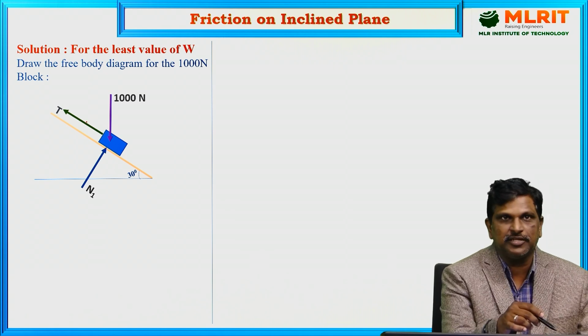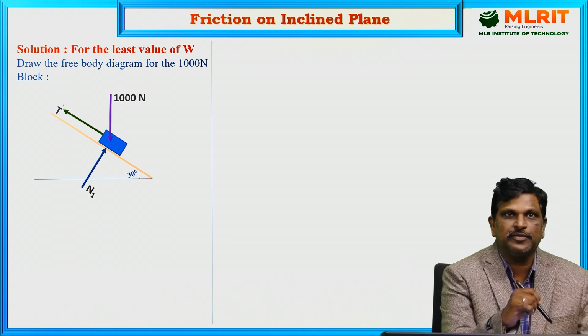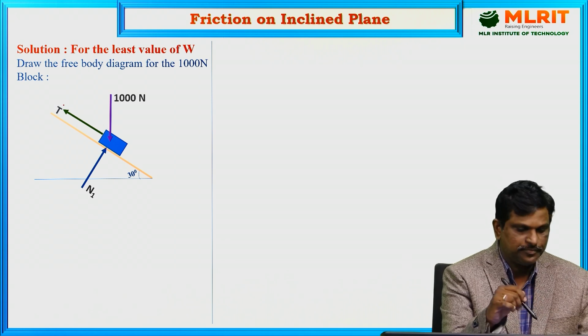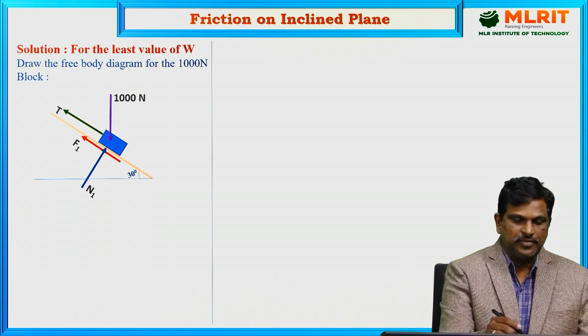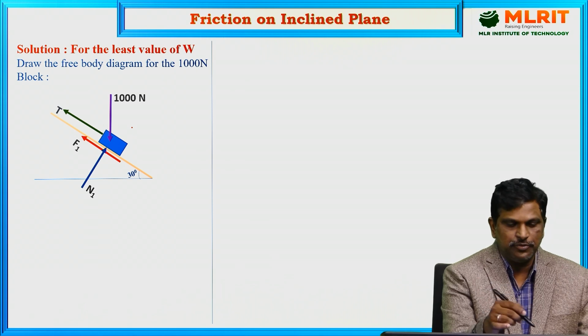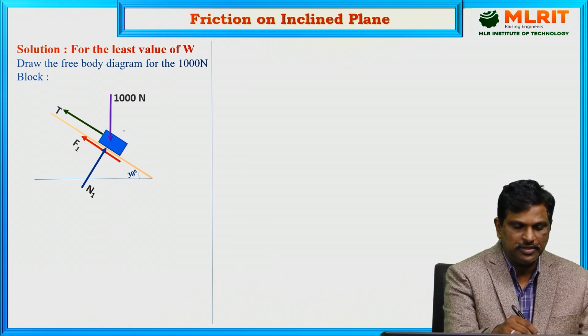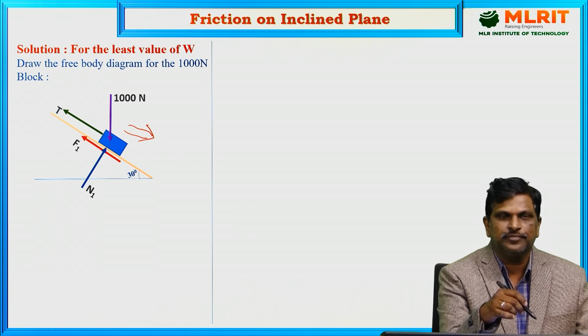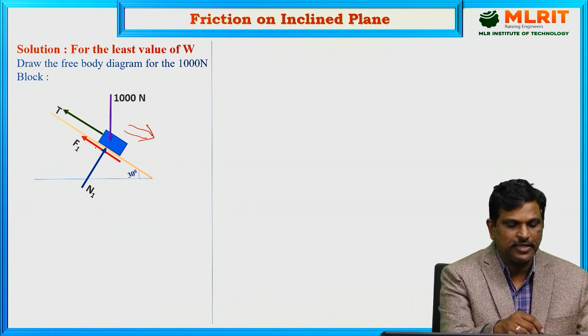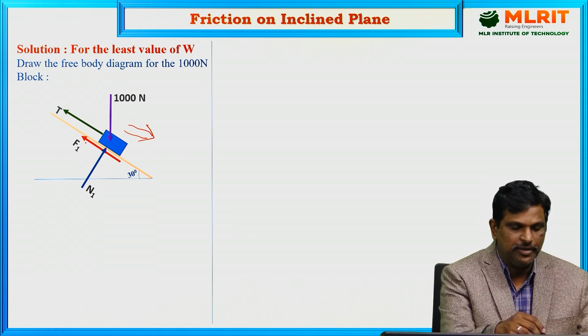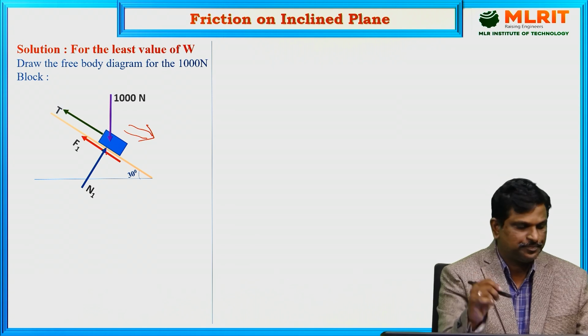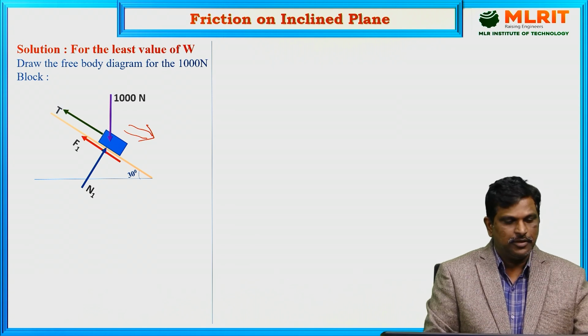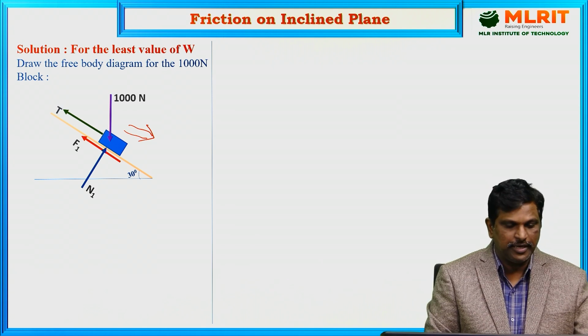Under these assumptions, the tension in the string is T. For the least value of W, the 1000 Newton block is tending to move in the downward direction. Therefore, the friction at the contact surface F1 will be in the upward direction. This is the free body diagram.